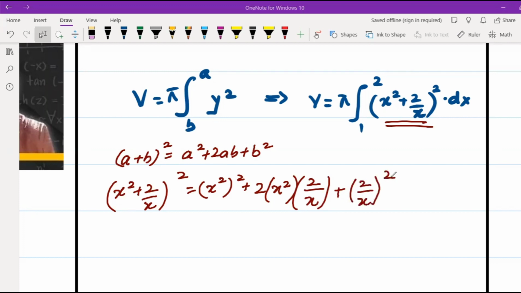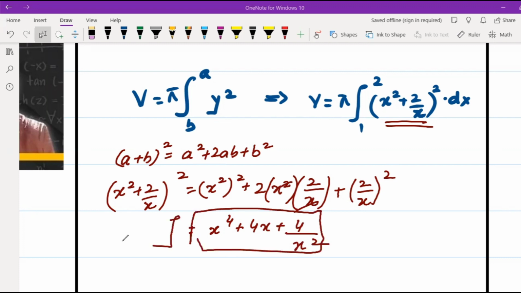So when we open this, this will be looked upon as x to the power 4 plus, x square and x is cancelled, plus 4x plus 4 upon x square. This will be integrated then. That means the entire equation, that means whole square, will be opened as x to the power 4 plus 4x plus 4 upon x square.